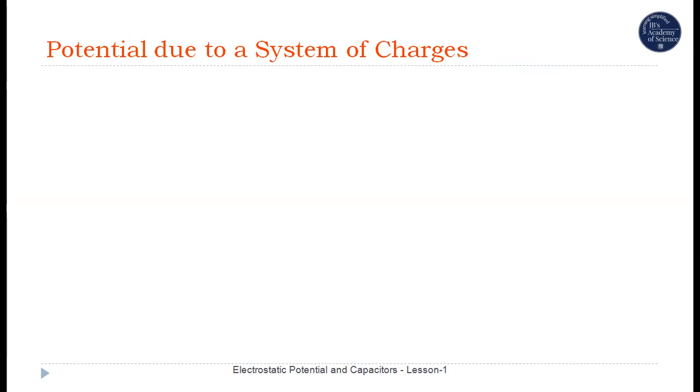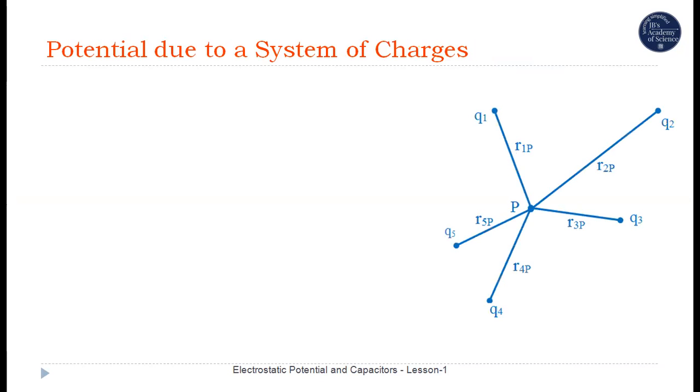Now, electric potential due to a system of charges. So if there are a number of charges in a system, let us say Q1, Q2, Q3, Q4, Q5, let us calculate the net potential at a point due to all these charges. So look at the picture.